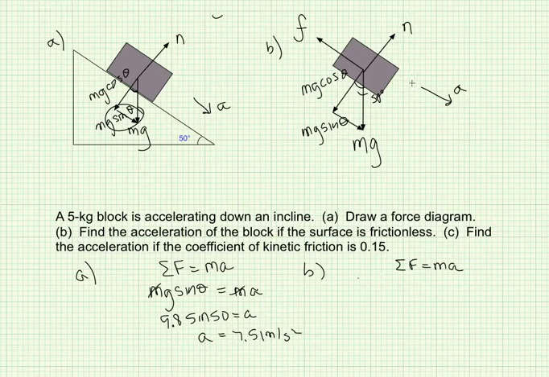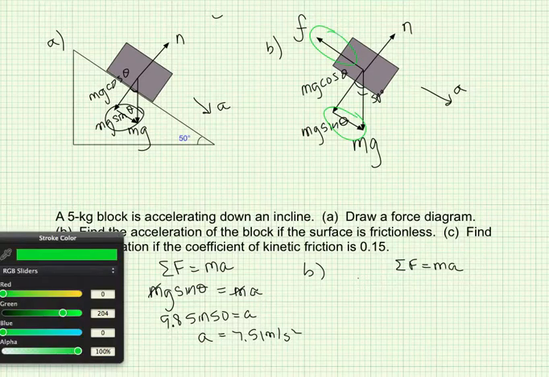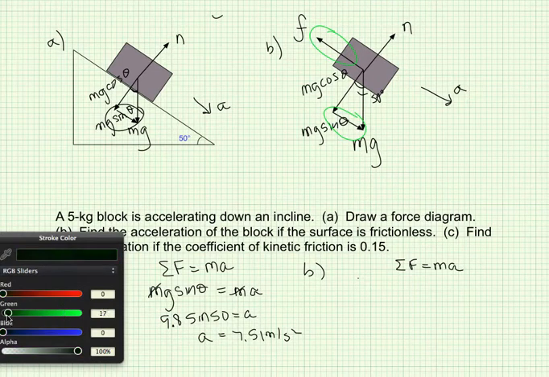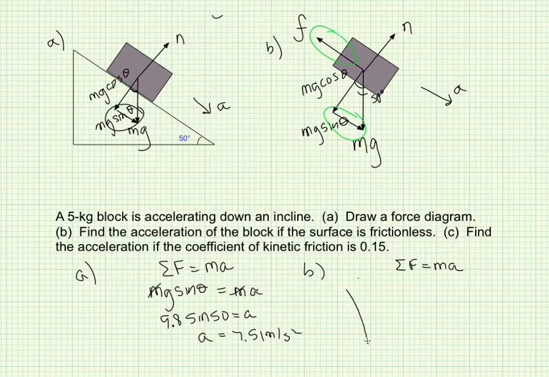Now remember, the acceleration is going down the incline, and we know that mg sine theta is pulling down the incline. But do you see any other force that is parallel with the acceleration? And it would be friction. Now my arrows aren't really the appropriate size, because since I know it's going to be accelerating down the incline, that mg sine theta should have been larger, should have been longer.